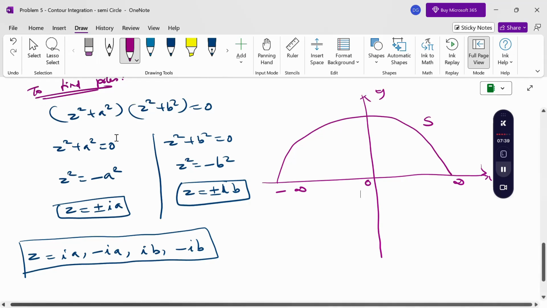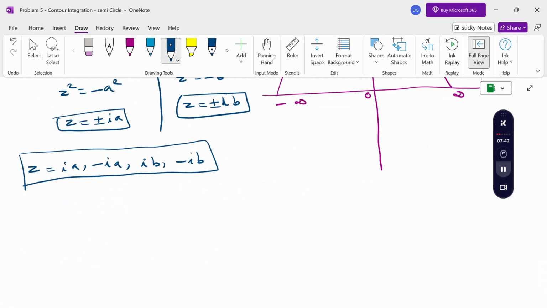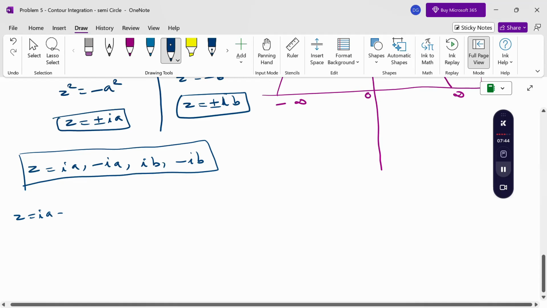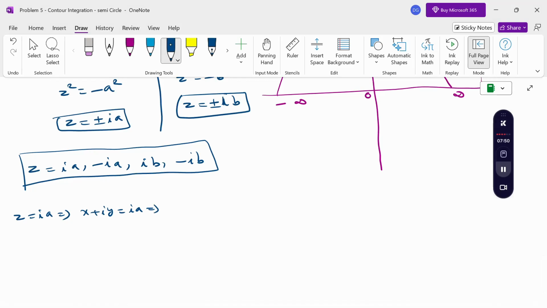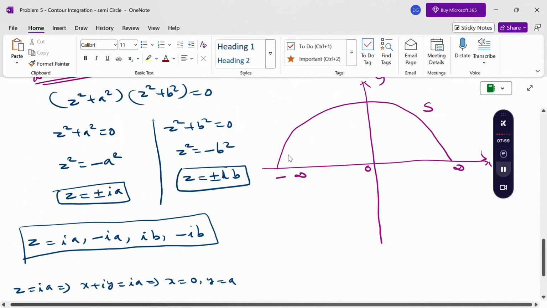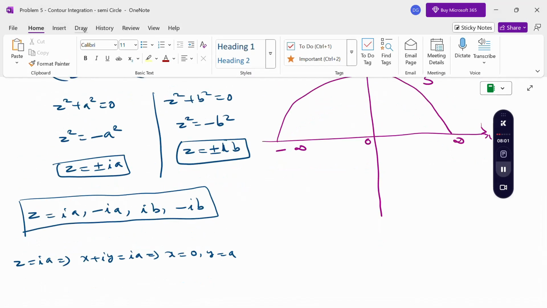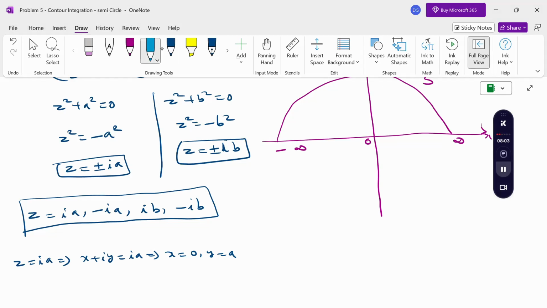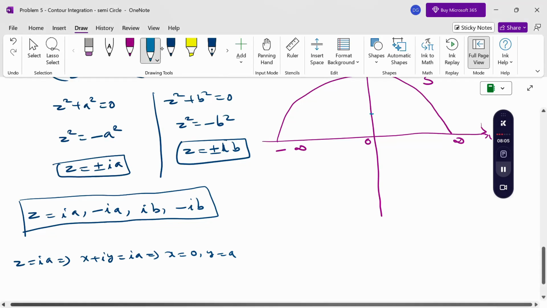For this, take z equal to ia. What does this mean? z equal to x plus iy equal to ia. From this equation x value is 0, y value is a. Therefore consider x 0, y a. Now suppose I consider this point 0 comma a.